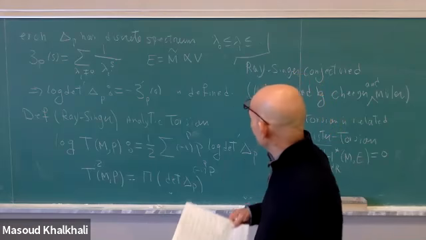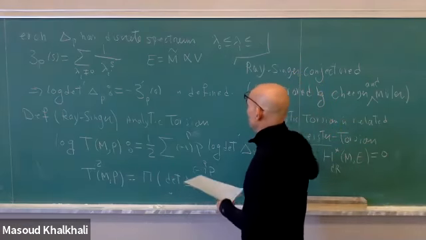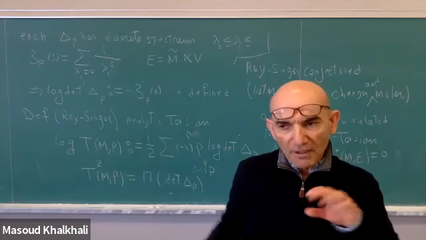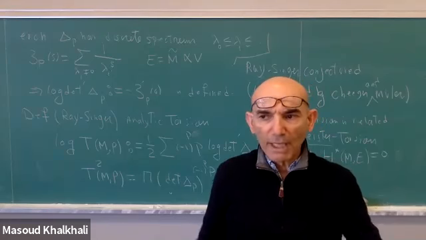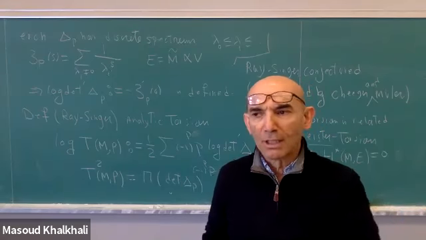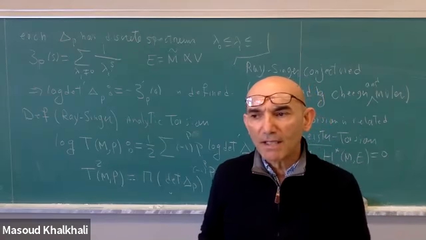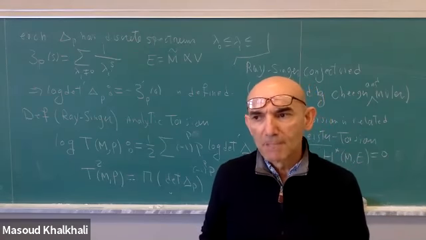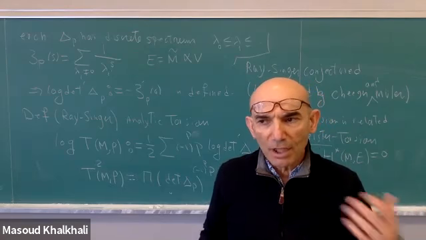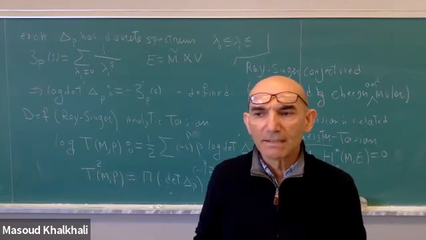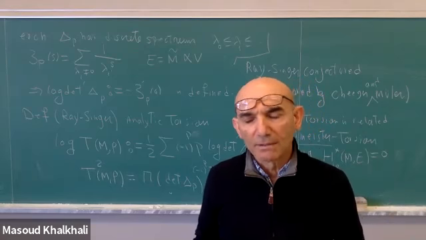But what Reidemeister showed, or observed, is that if you fix bases in your chains, then you can define a nice invariant, which is a secondary invariant with nice properties. It's not a topological invariant, but it is still invariant in some sense.